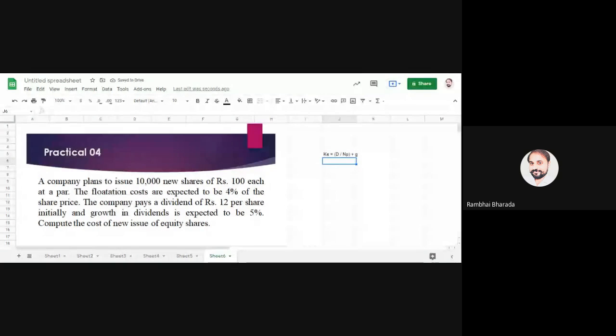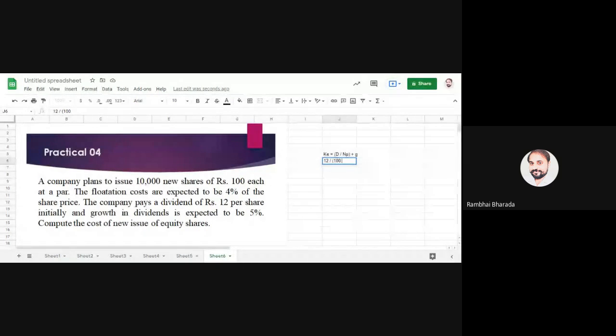So here, find out D. How many rupees? 12 rupees dividend is there, divided by NP. NP means net proceeds, starting from face value. How many rupees? 100 rupees.